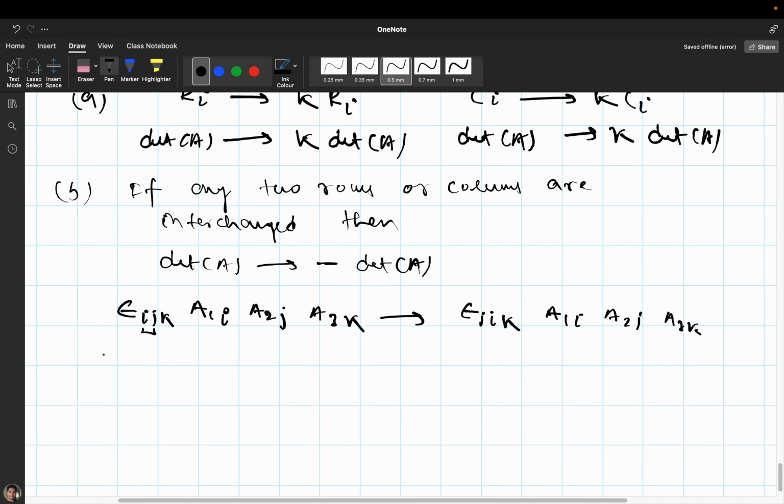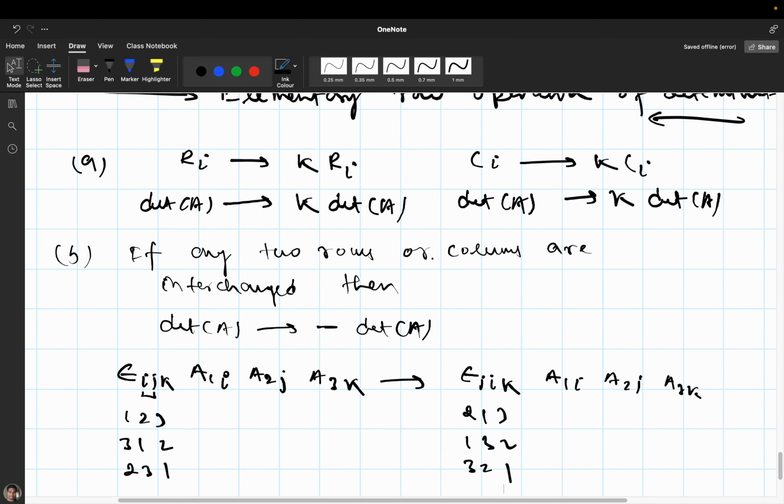And you can see that when this index is 1 2 3, it will become 2 1 3, and when this index will be 3 1 2, this will become 1 3 2, and when this index will be 2 3 1, this will become 3 2 1. So you can see that when cyclicity is lost, minus 1 comes into the picture in each and every term. So that's why determinant of A becomes minus times determinant of A.